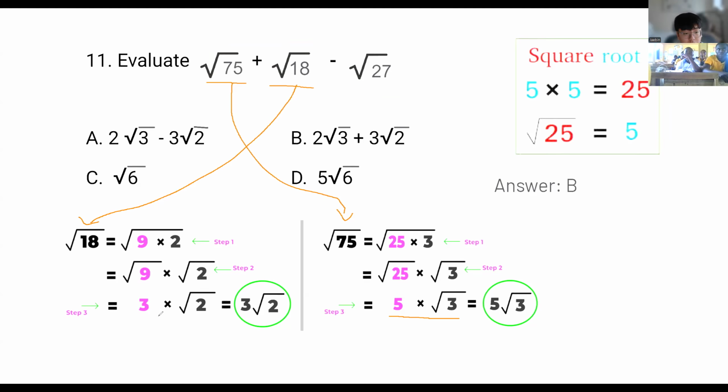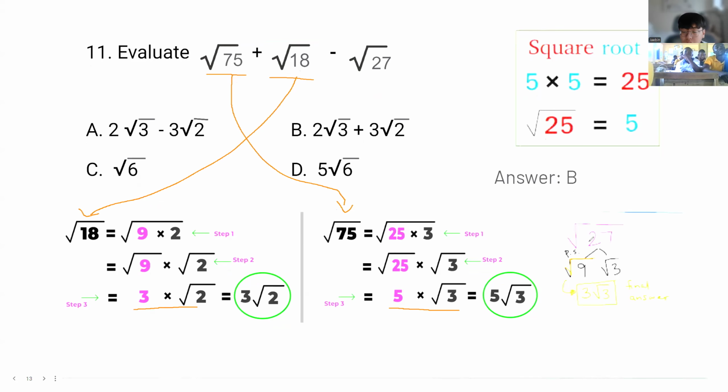So it's 3 times square root of 2, 3 square root of 2. And what about square root of 27? Yeah, that's right, 9 times 3. So it'll be square root of 9 times square root of 3, or 3 square root of 3.